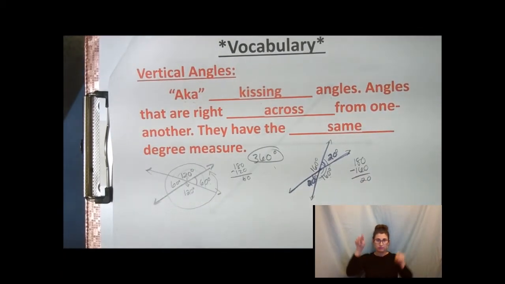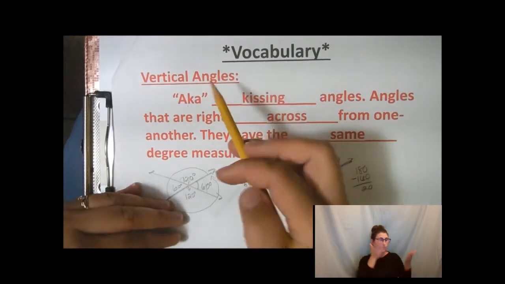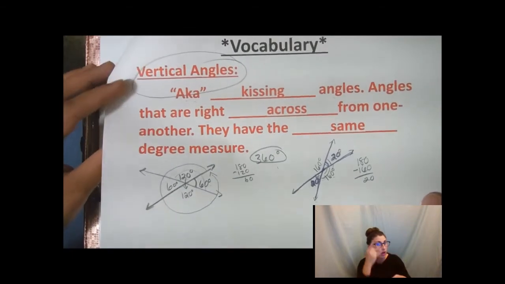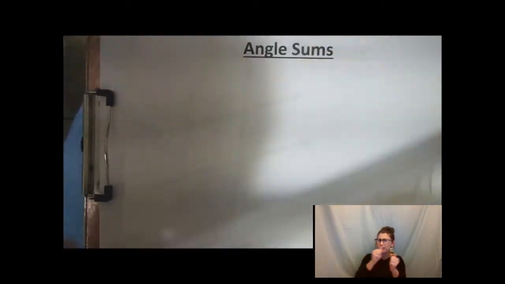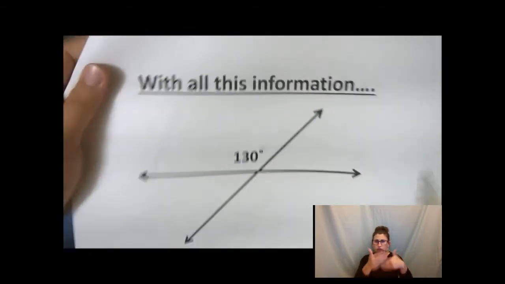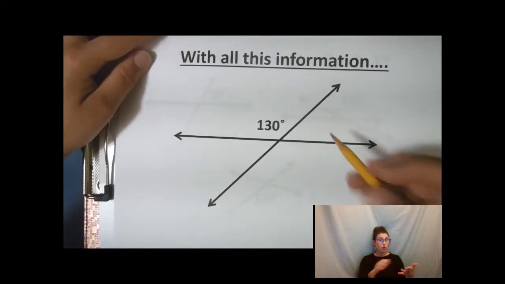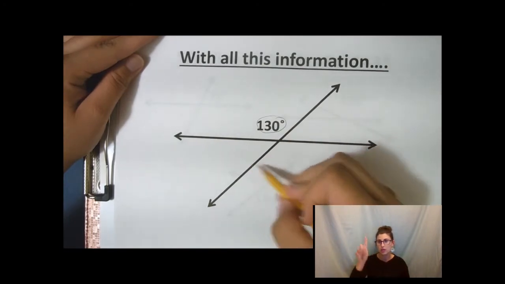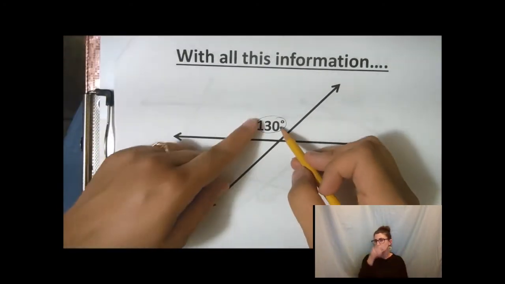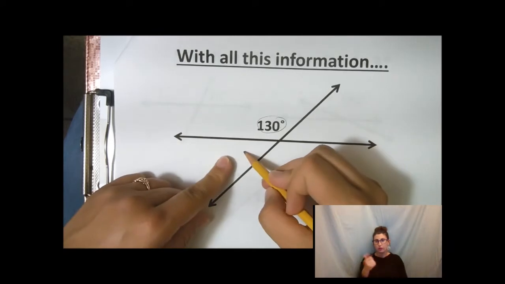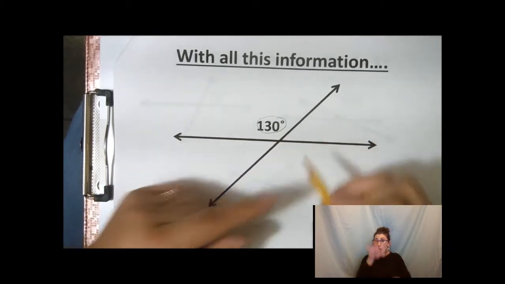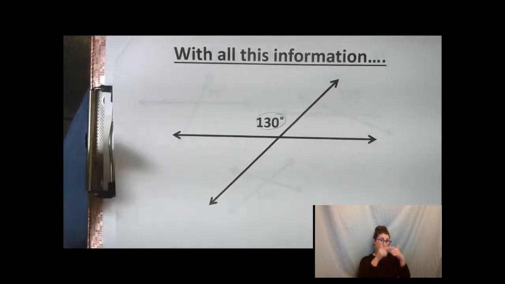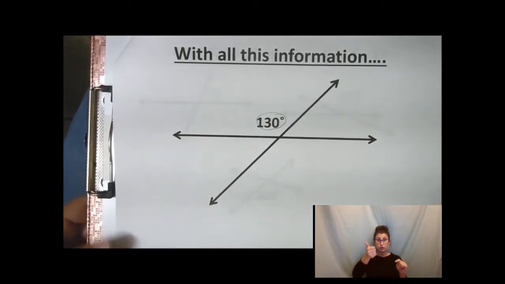This is a very important vocabulary word that's going to be very useful for everything that we're doing today. So, with all of this information, if I give you one degree measurement, you should be able to find the rest of them. And this one degree measurement could be here, it could be here, or it can be here. It does not matter. So go ahead and pause this and try another one on your own. Go ahead and pause now.